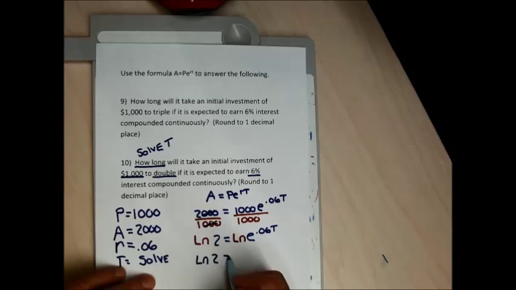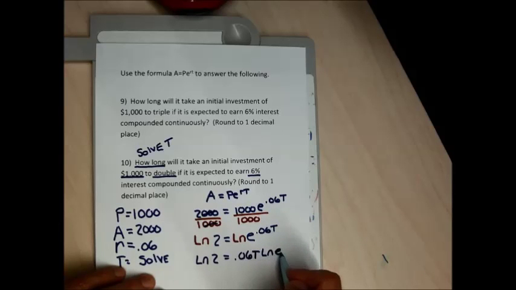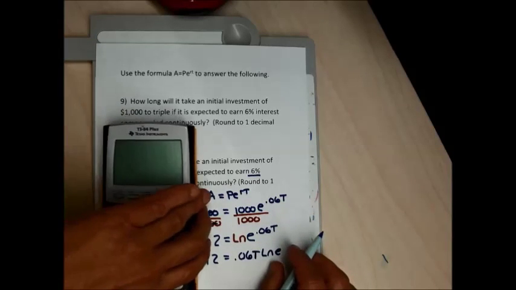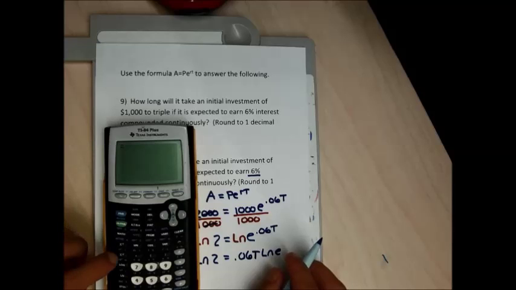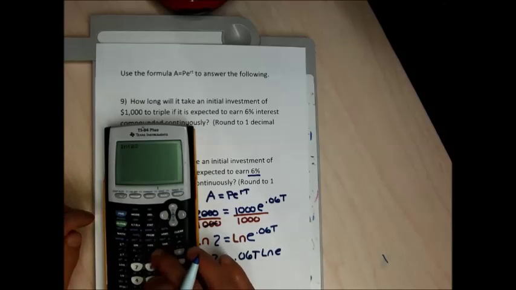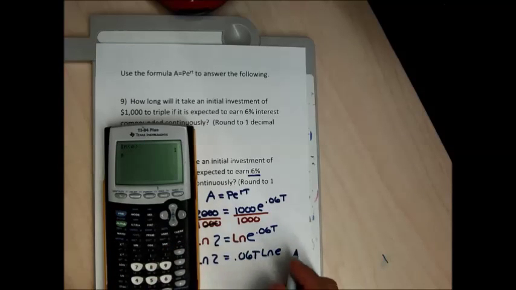Step 3, make the exponent into a coefficient. Step 4, replace the natural log of e with 1, because the natural log of e is equal to 1. So on the right-hand side, this is really 0.06t times 1, which is 0.06t.